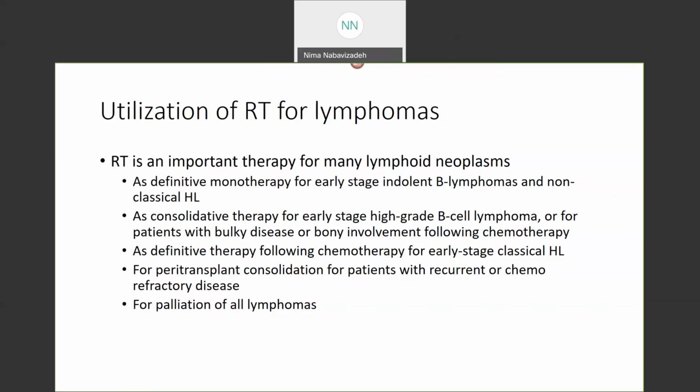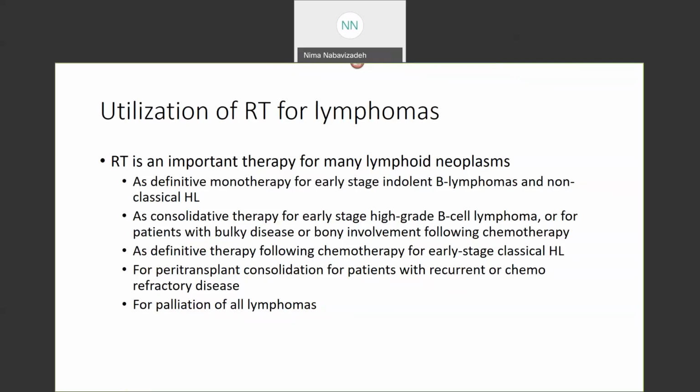In the Hodgkin's lymphoma situation, we use radiation therapy after chemotherapy in the definitive setting, what we call combined modality therapy. For patients who have very unfortunate recurrent or chemorefractory disease, we're typically talking about doing an autologous bone marrow transplant. And on the way to a bone marrow transplant, we want to make people as close to being in complete remission as possible.